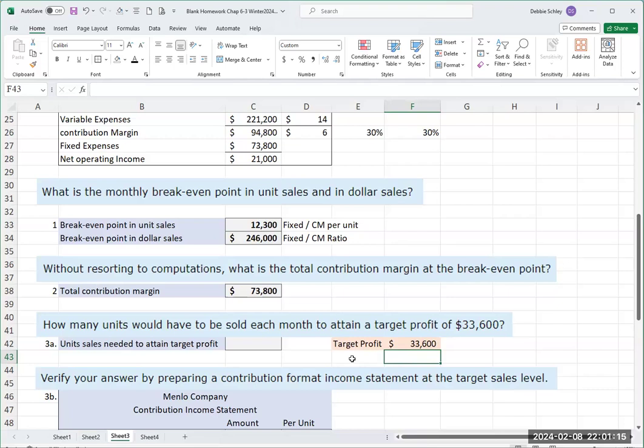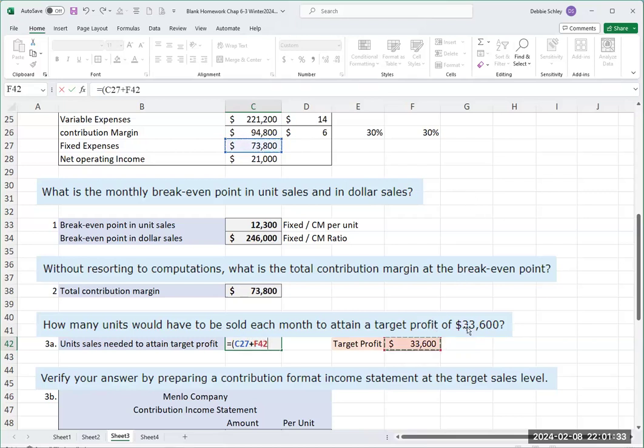So we need our contribution margin to be enough to cover our fixed expenses plus the target profit. So I'm going to take an equals, open parentheses, my fixed expenses plus my target profit, close parentheses, divide by, and they want it in units. So I'm going to divide it by the contribution margin per unit.